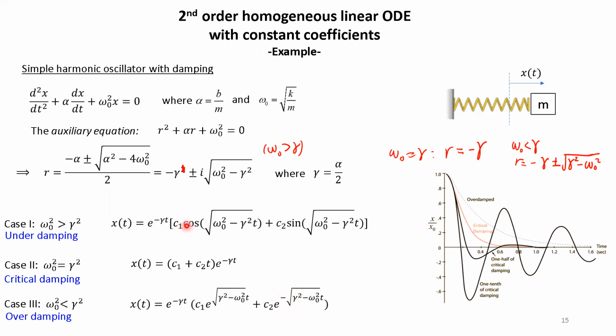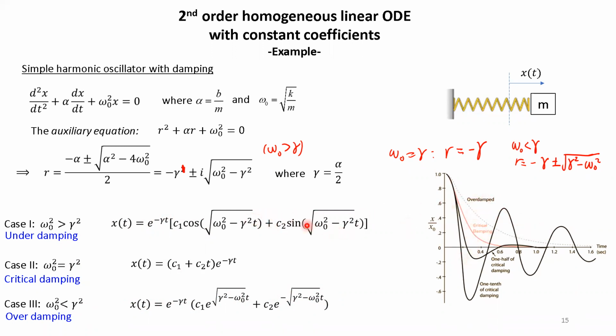I believe that you have seen the different physical meanings of these three cases: the so-called under damping, critical damping, and over damping. I plot all three cases here.